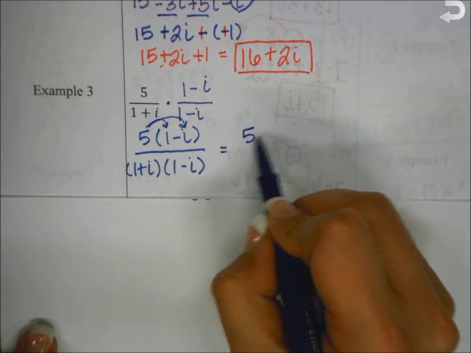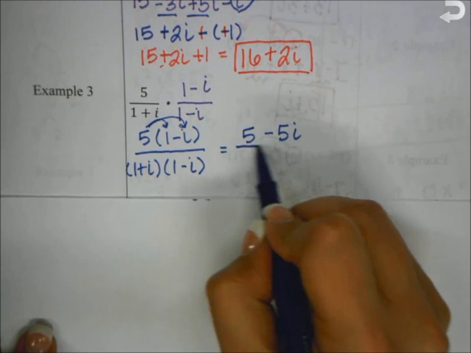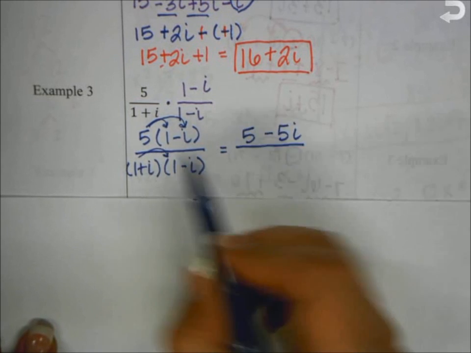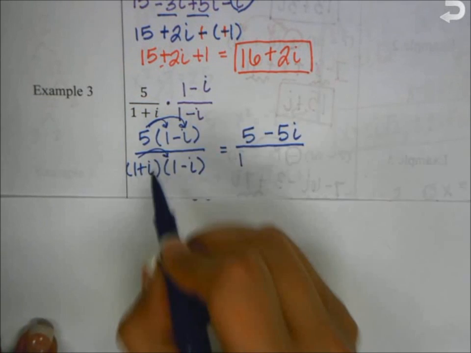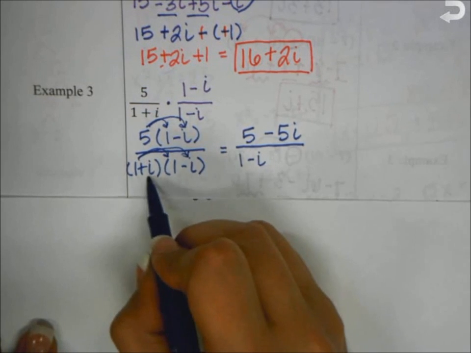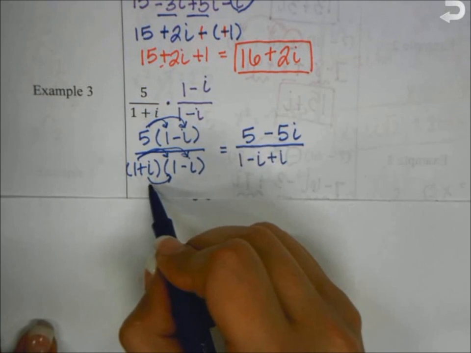And what about the denominator? Good, we FOIL. So 1 times 1 gives me 1. 1 times negative i is minus i. Positive i times 1 is plus i. And positive i times negative i is negative i squared.